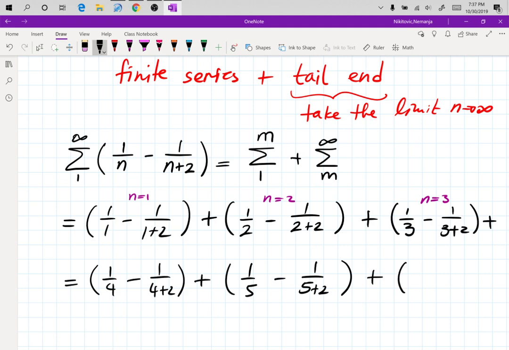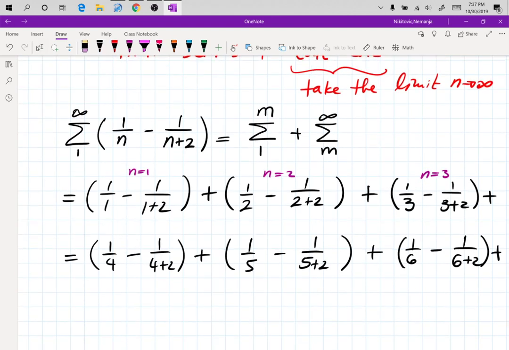Well, let's do one more. 1 over 6 minus 1 over 6 plus 2, plus, oops, it's not supposed to be equal here, it's supposed to be plus. Plus 3 dots, and we'll deal with the tail end later. So now I have n is 4, and 5, and n is 6.